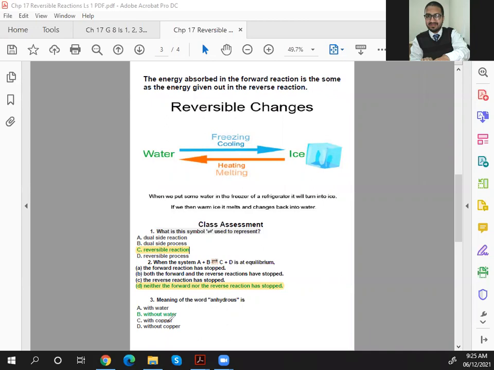So the copper one is not the correct one. It means without water. After removing the water, the product we name is anhydrous copper sulfate. Understand? Yes. Okay.